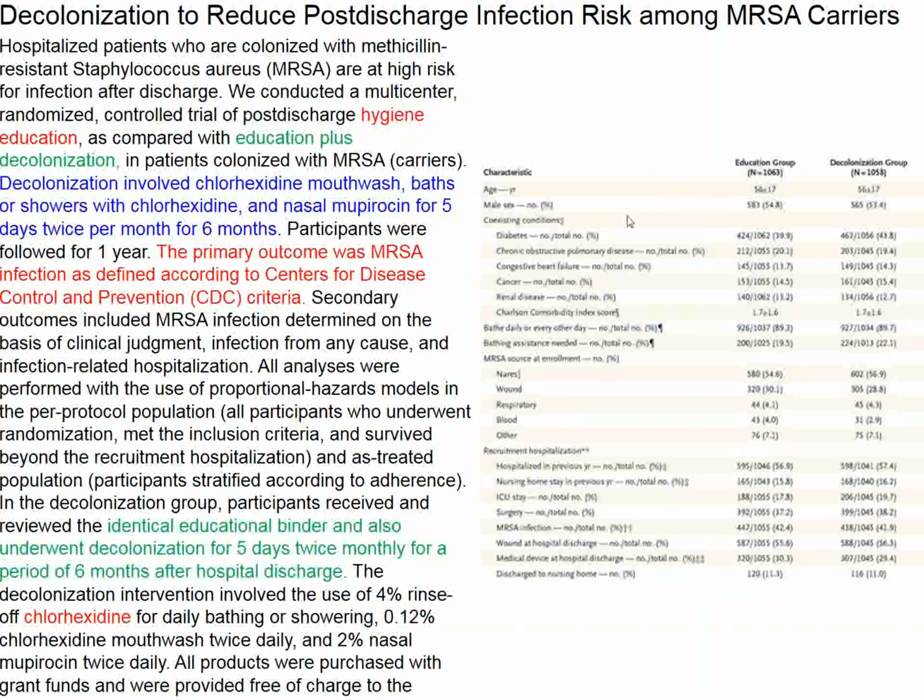There are about 1,000 in each group. And the primary endpoint was the development of MRSA infection. There are various definitions of that, which is also a problem. And the secondary endpoint was avoidance of hospitalization. So there were nurses assigned to administer these interventions.